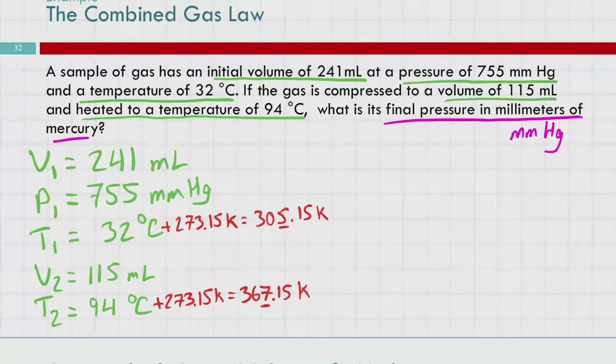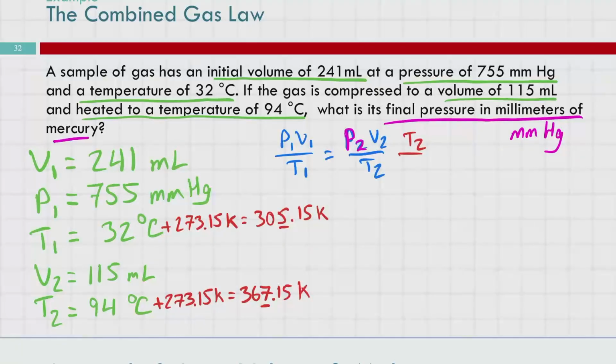And then we need our combined gas law. So again, we're just overlapping the parts of Boyle's law and Charles' law that line up. So P1 V1 over T1 equals P2 V2 over T2. And we are looking for pressure, so we're going to solve for P2. Solving for P2, we need to move V2 and T2 so that P2 is all by itself.